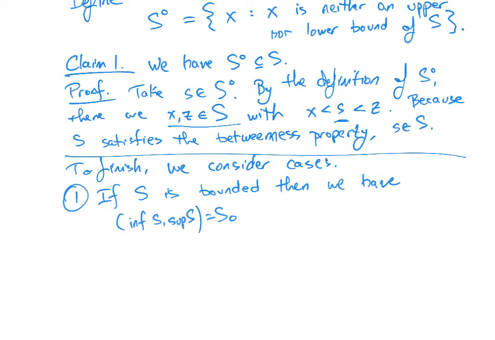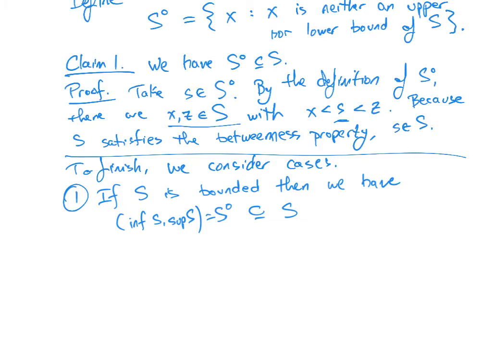It's the open interval from the infimum of S to the supremum of S. Because any point in there, it's not a lower bound and it's not an upper bound. But also, and I wrote my O in the wrong place there, move it to the right place. Our claim said that S naught is contained in S.